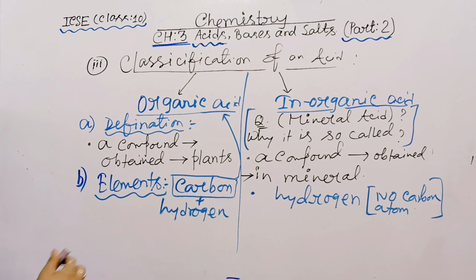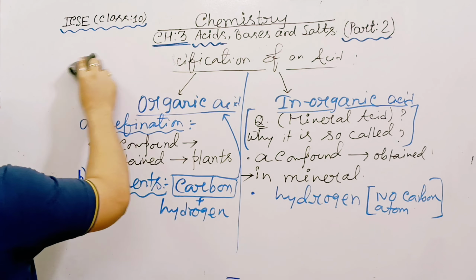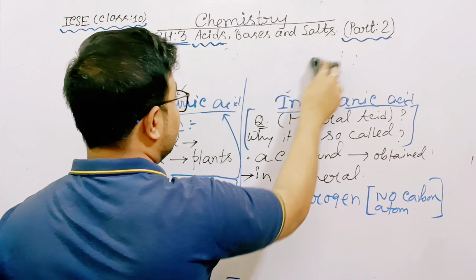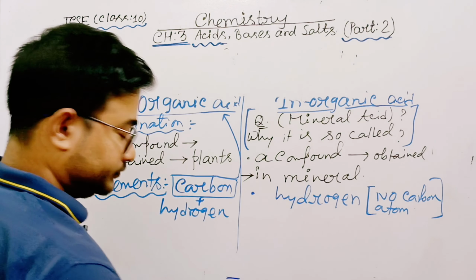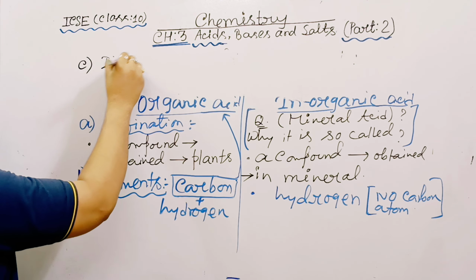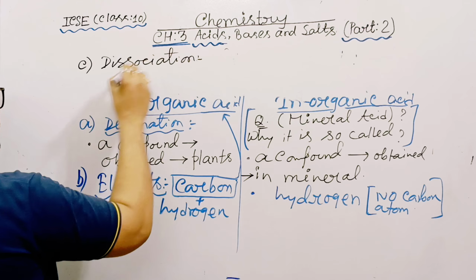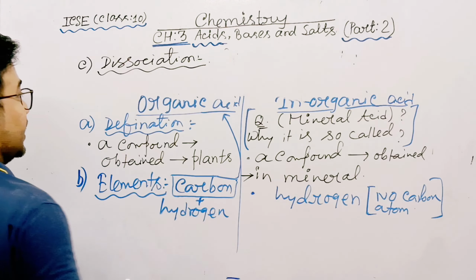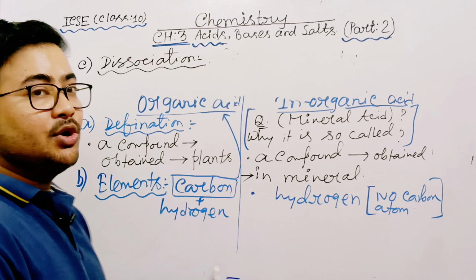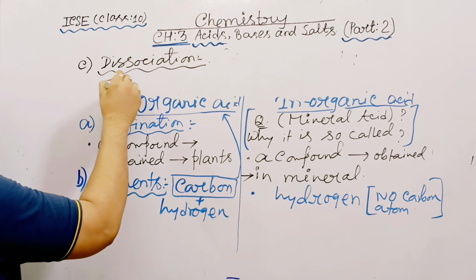Okay. Now third point, point number 3, that is C. Point number 3 is dissociation. Look at the board. Suppose the formula of the organic acid is HA.